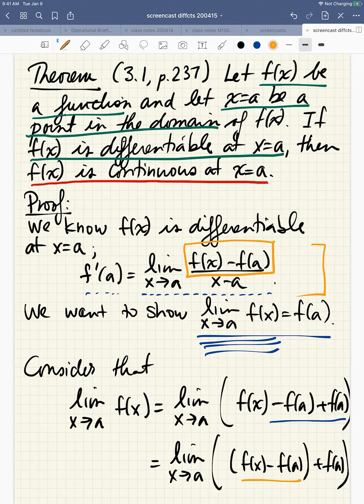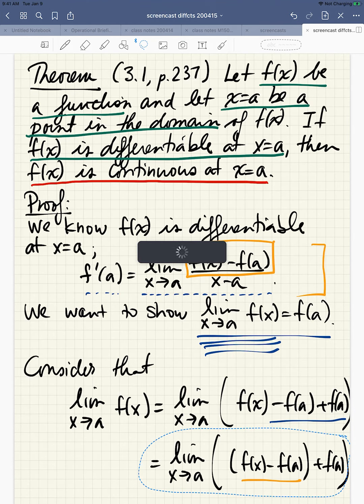But what I'm going to need is that denominator, that x minus a in the denominator. Okay, so let's take this and copy it so we can start it on the next page.